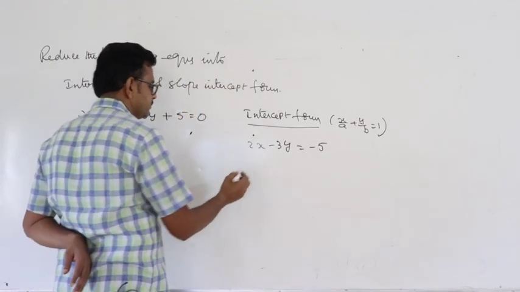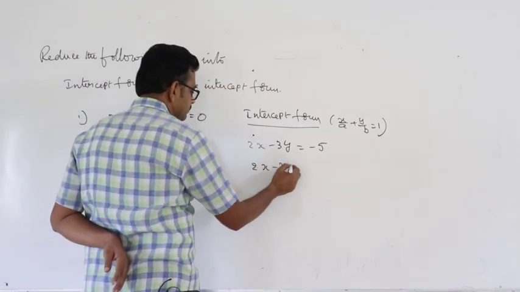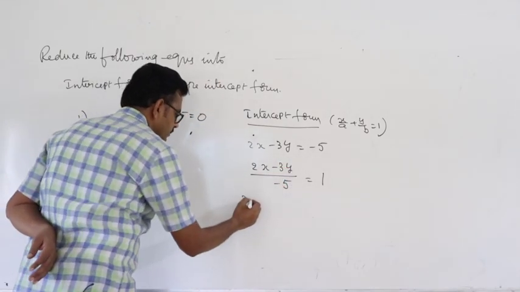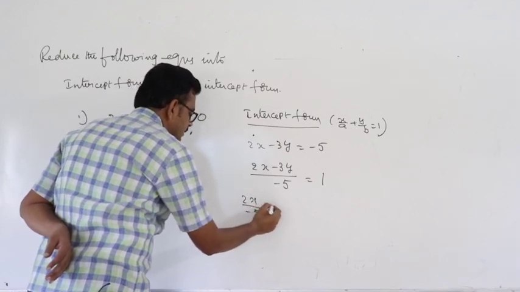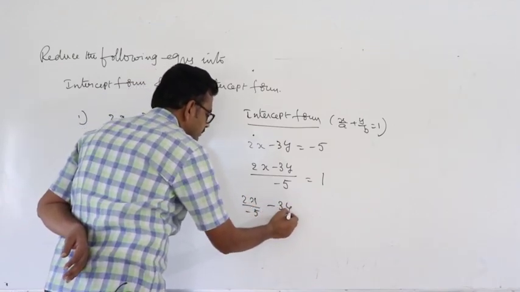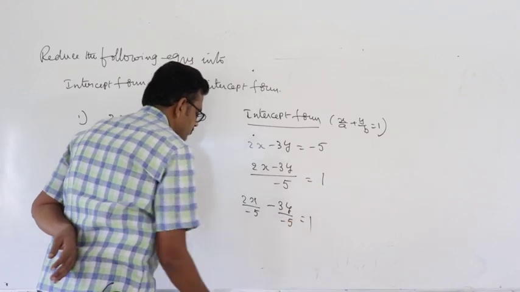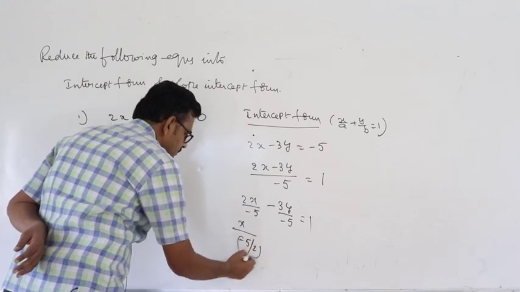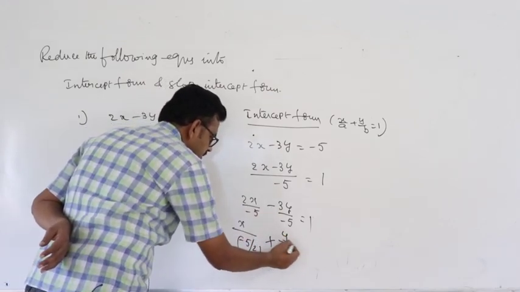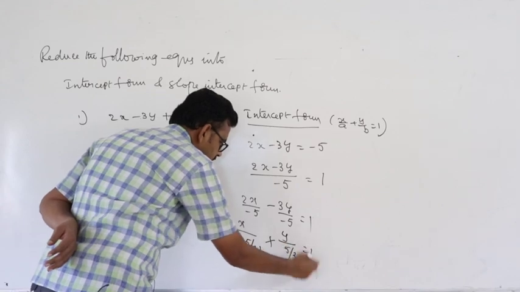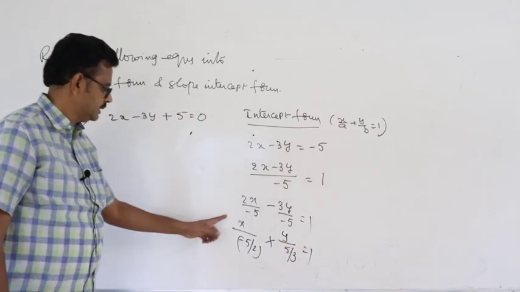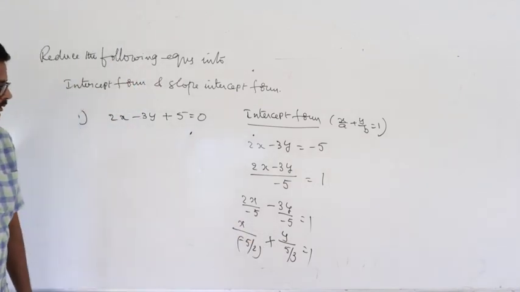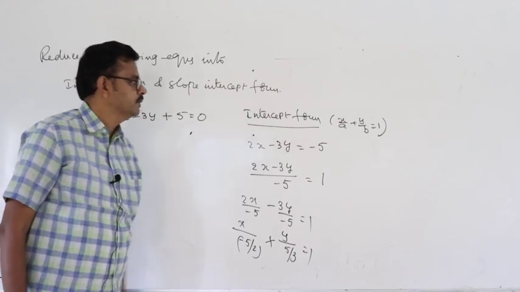Dividing both sides by minus 5, 2x minus 3y by minus 5 equal to 1. 2x by minus 5, next minus 3y by minus 5 is equal to 1. This is x by minus 5 by 2 plus y by 5 by 3 equal to 1. So x by a plus y by b equal to 1 form.